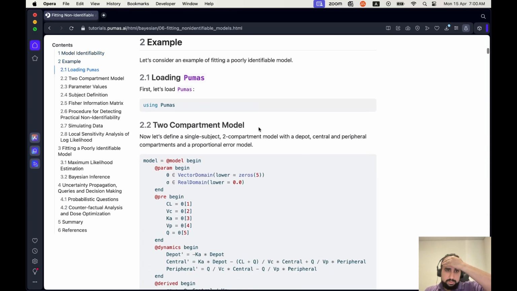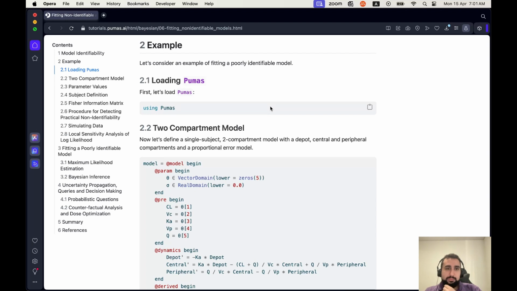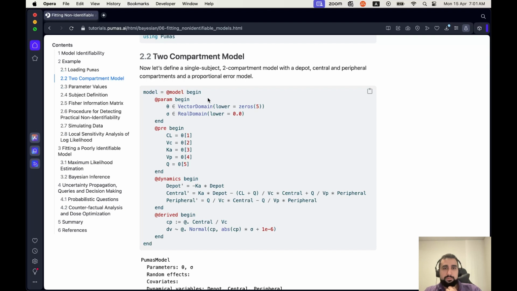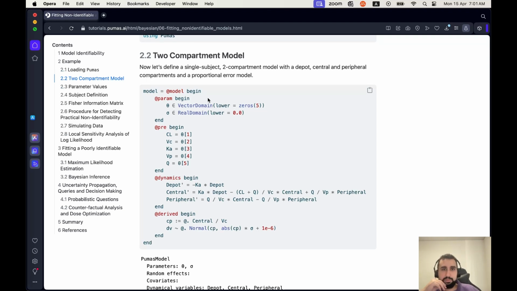Okay, so let's go ahead and see an example to bring all of this home and try to make sense of it. At the beginning, we're going to need to load Pumas, using Pumas. In this case, I'm using a very familiar model, hopefully, which is a 2-compartment model. It's only a single subject model, so I'm not considering population models or hierarchical modeling yet.